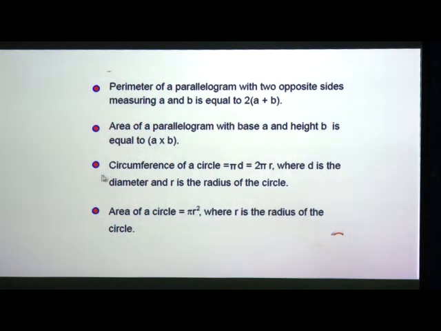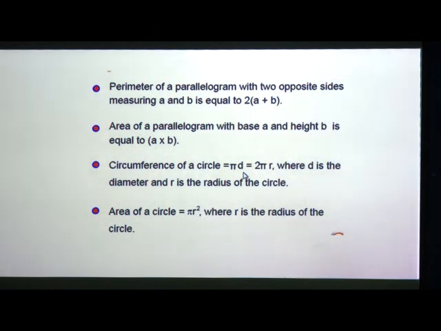Now, circumference of a circle. You know very well, the word circumference replaces perimeter. So, we do not say perimeter in a circular figure, we say circumference. The circumference of a circle is equal to pi d, where d is nothing but the diameter.